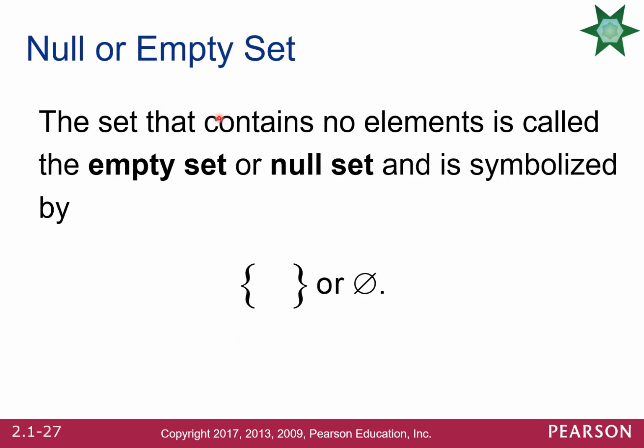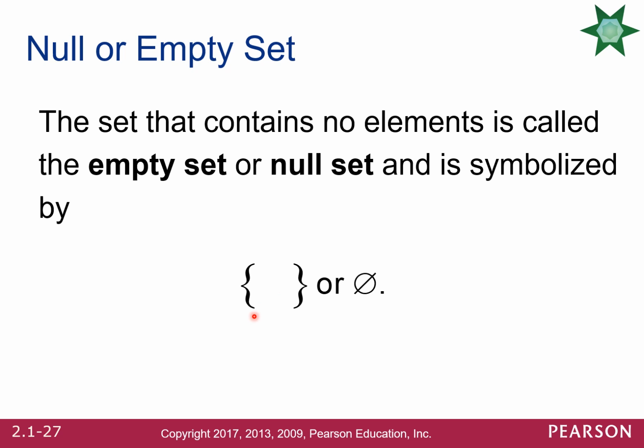Null or empty set. The set that contains no elements is called the empty set or null set and is symbolized by an empty pair of braces, or this value which represents null. So we could represent the empty or null set in two ways.